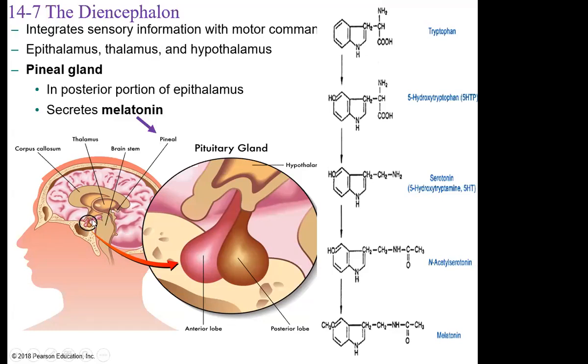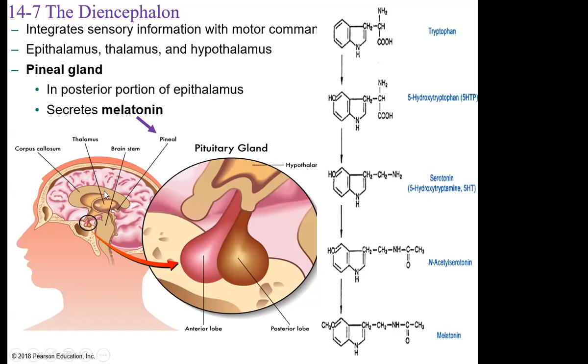If you see this circle right here, this is blown up. This is an enlargement of the pituitary gland. The pituitary gland actually hangs off of the hypothalamus, off of a little stalk called the infundibulum. The pineal gland does not. So what you want to do is go posterior.